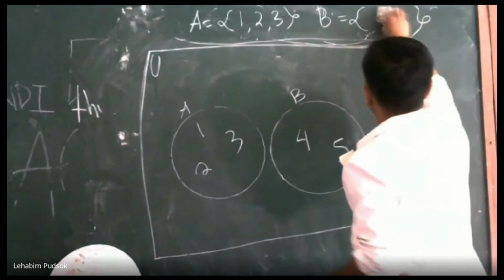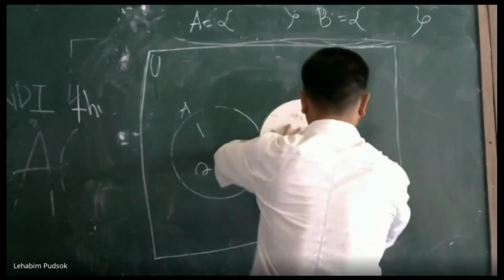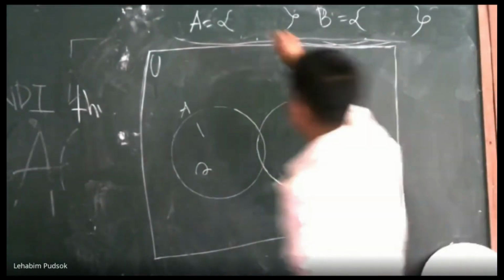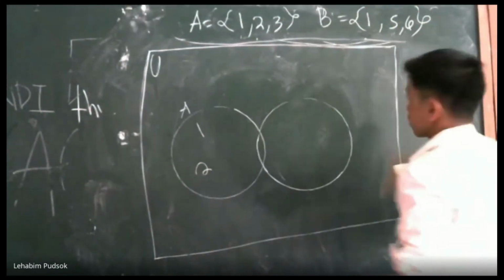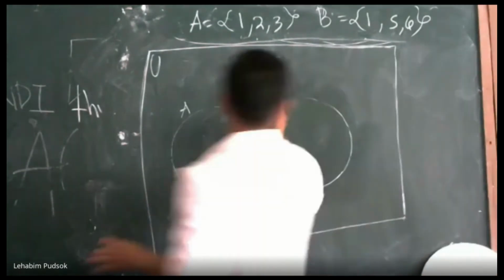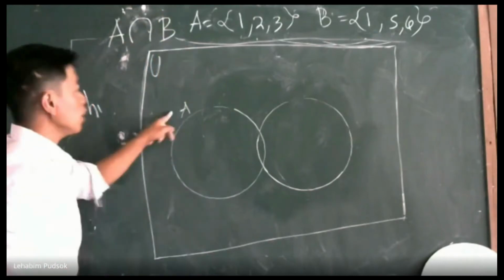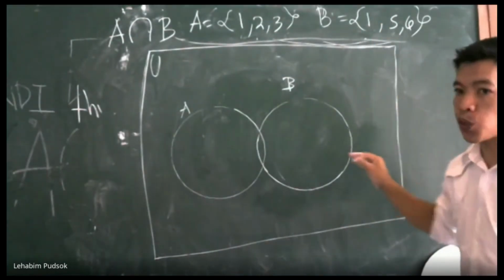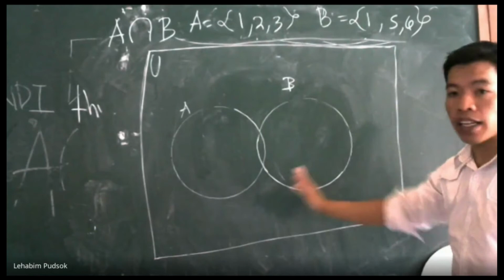A intersects B. Okay, so for example, we have 1, 2, 3 for set A, and then we have 1, 5, 6 for set B. And then I ask you to represent the relationship of these two sets by Venn diagramming.